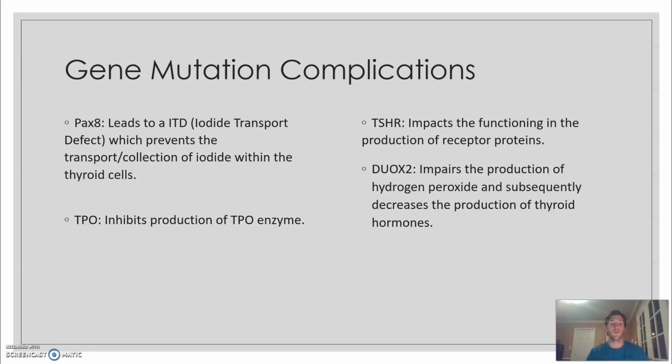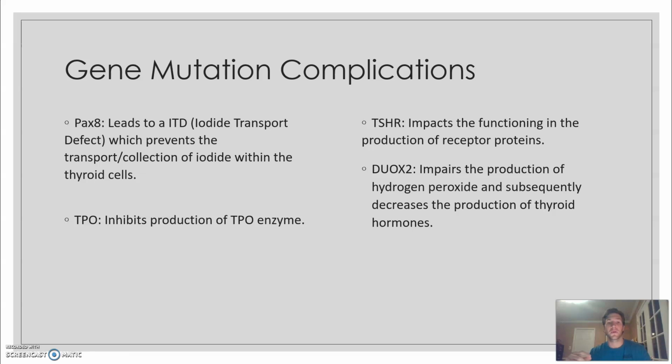The PAX8, when mutated, leads to an iodide transport defect. This prevents the transport and collection of iodide within the thyroid cells, which ultimately binds to other elements and helps with the production of those hormones.